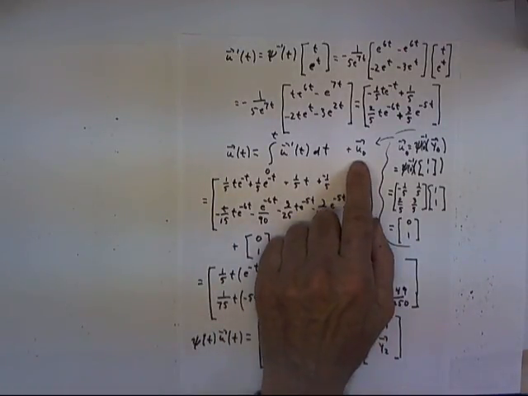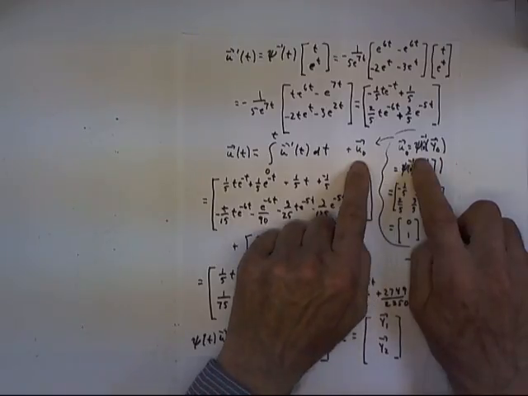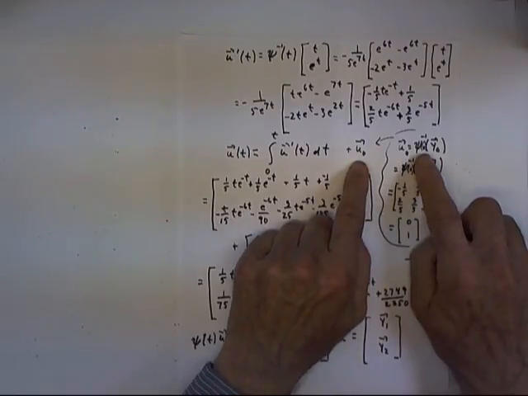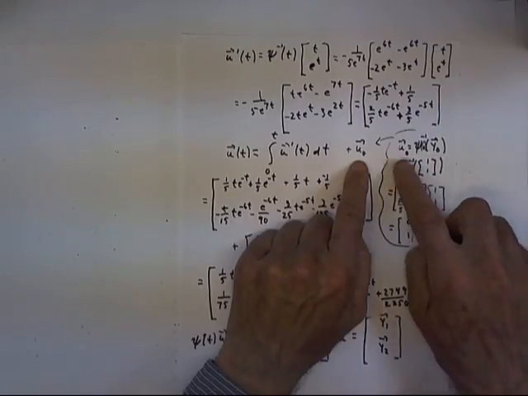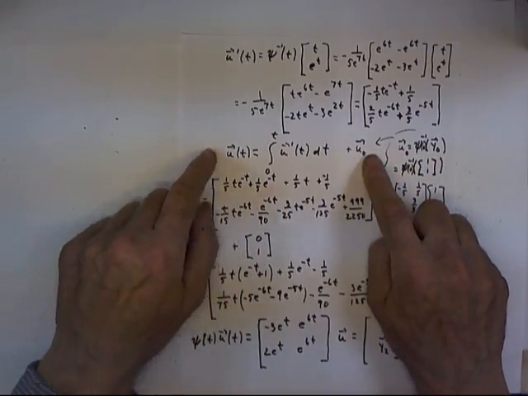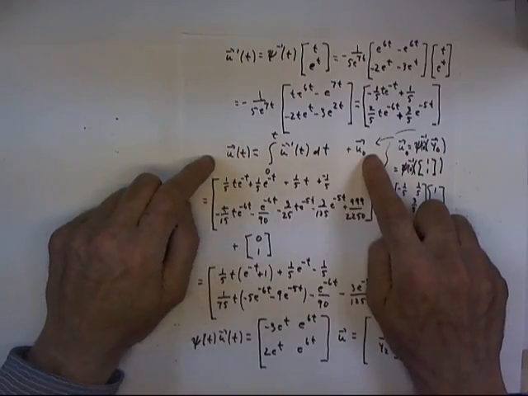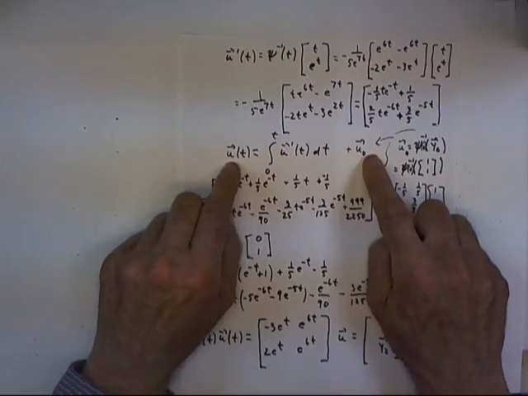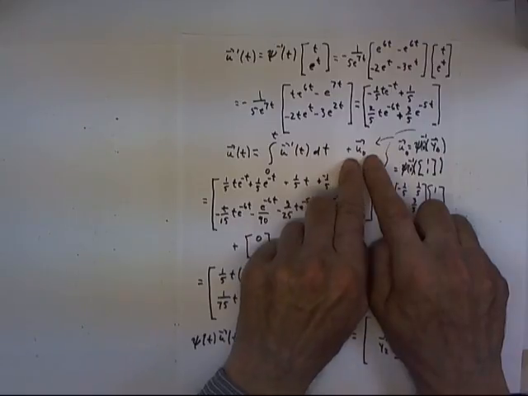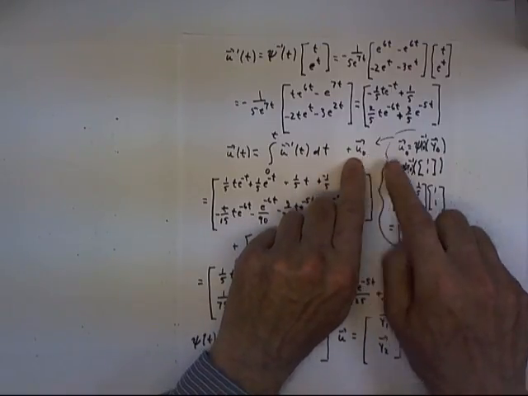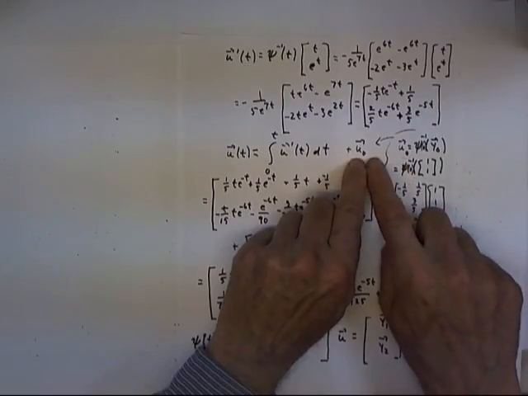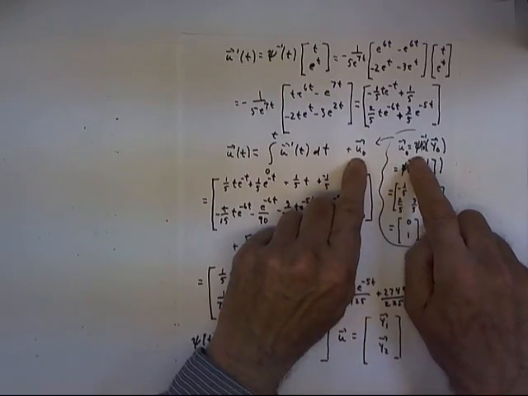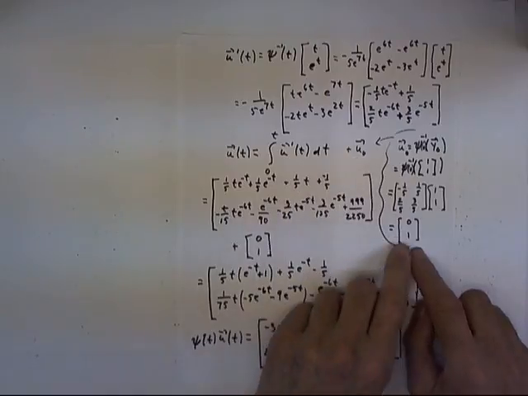Remember that the u0 vector is the psi inverse evaluated at 0 multiplied by the y0 vector. There's a reason for that: when we go back to our assumed solution, of the form psi times u of t, we'll be multiplying psi by the u naught vector, and we should get the y naught vector, so u naught should be the inverse psi times y naught.